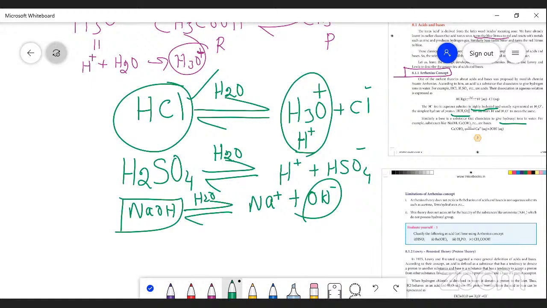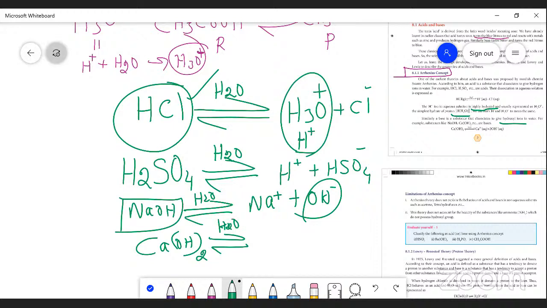Now you can simply define: any substance which in water gives H plus ion is called an acid. Any substance which gives OH minus ion in water is called a basic substance. One more example: calcium hydroxide. There is an equilibrium, so I am giving an equilibrium symbol.